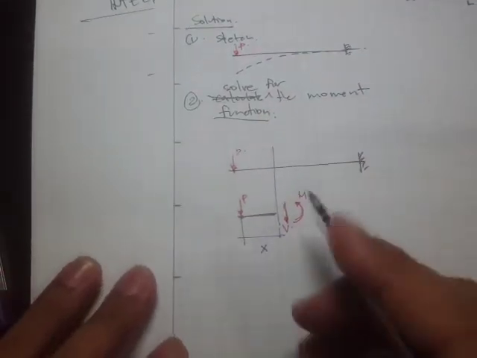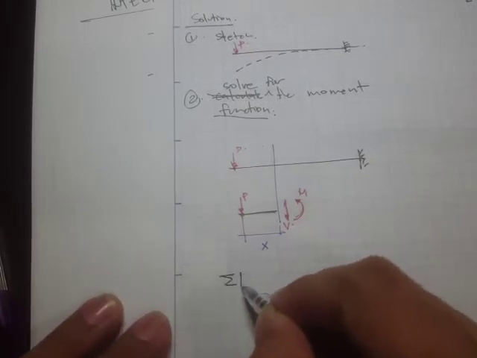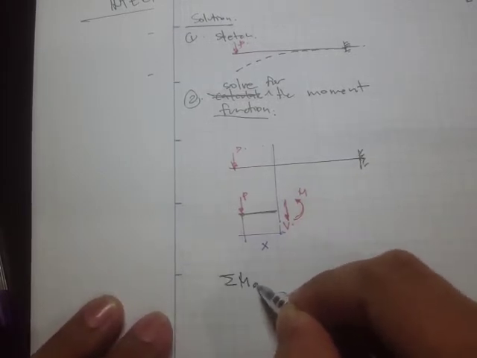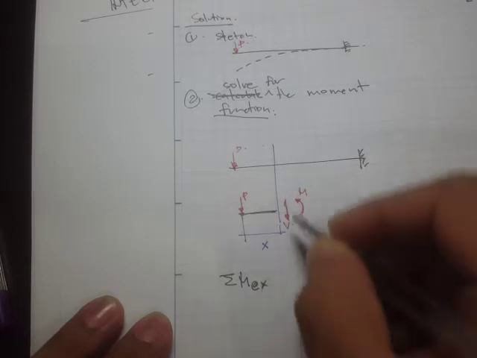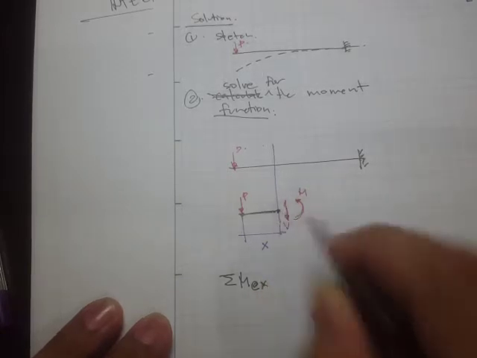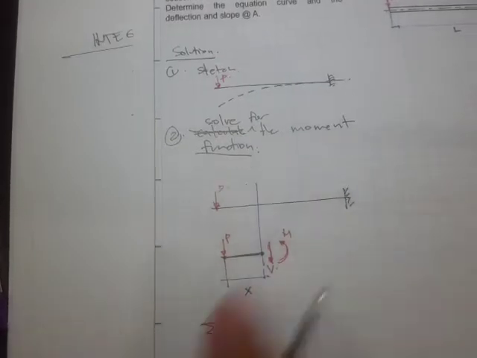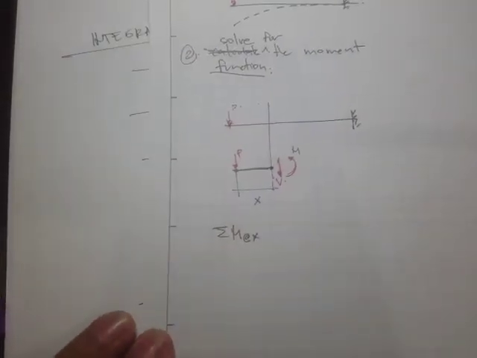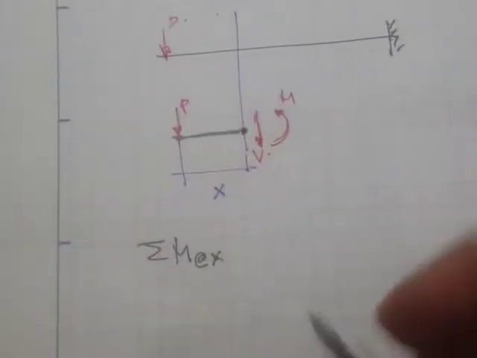Okay, so now let's take summation of moment at x right here. So here's the value of x. The summation of moment at x would be equal to 0.